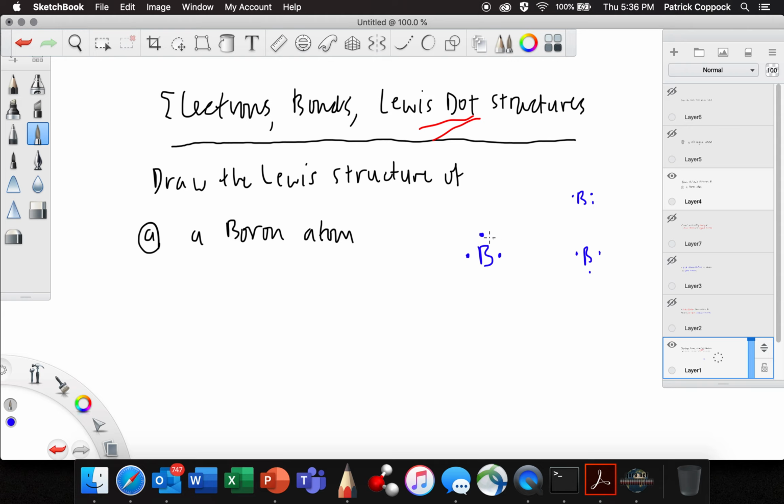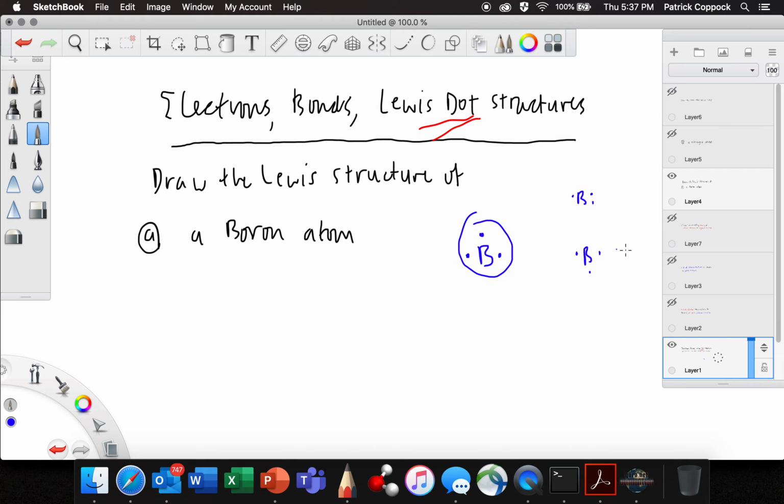Typically I'm going to start on the west side of this boron atom and go around, but I don't know why I went to the top. Doesn't matter. I'm not indicating anything in particular by where I put those electrons. Oftentimes, I will pair them.